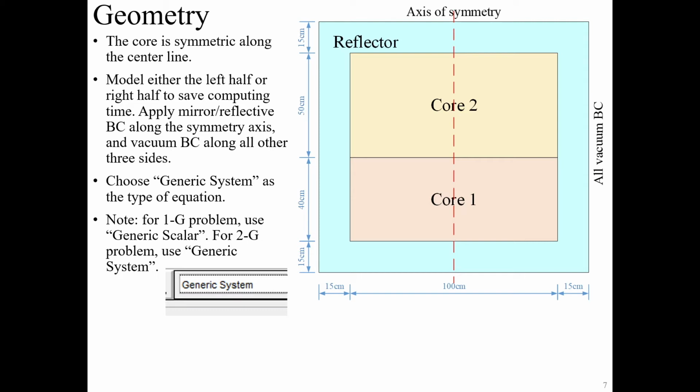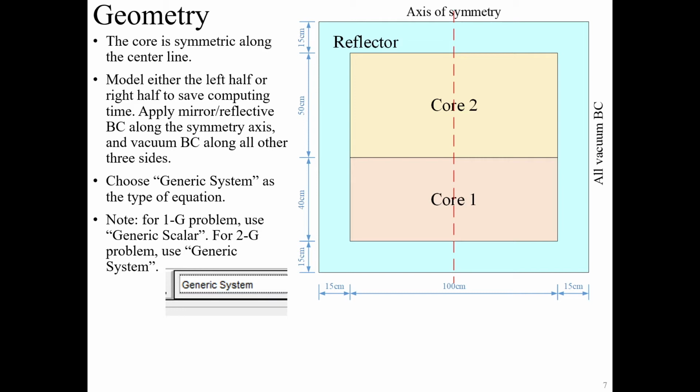Then for the y, core 1 is stacked with core 2. Then you have a reflector surrounding this entire geometry. You will see that this core is symmetric along the center line. Therefore, we will model either the left half or the right half in order to save computing time. If we model one half of this core, then along this symmetric axis we are going to apply the reflective boundary condition. All others will be vacuum.